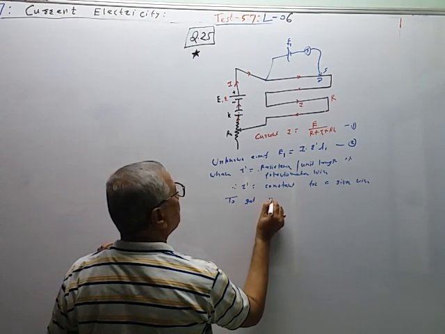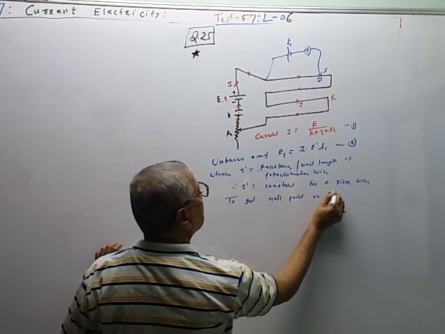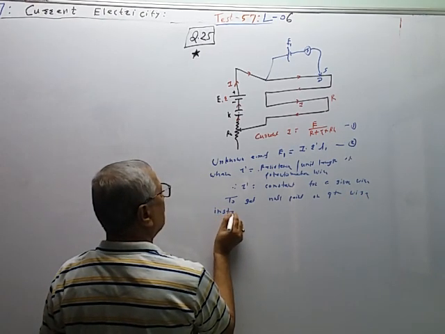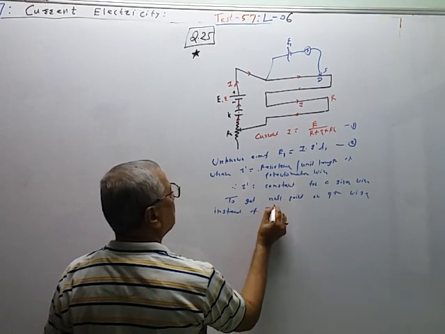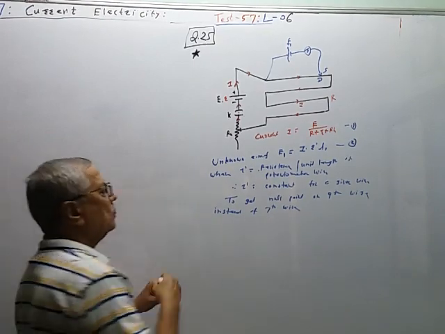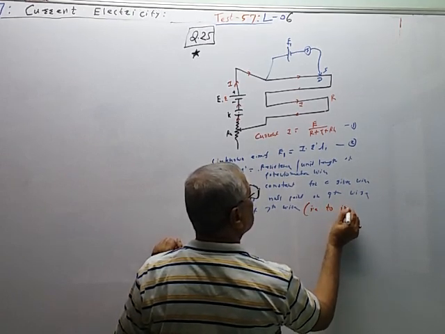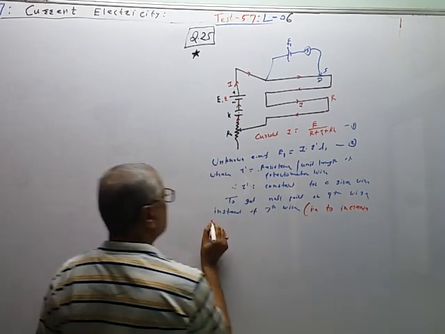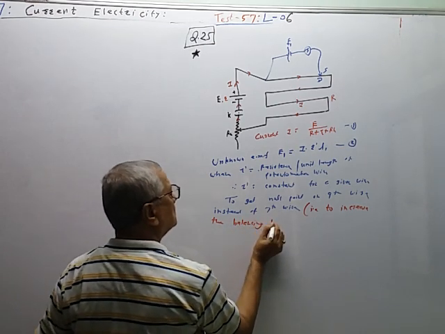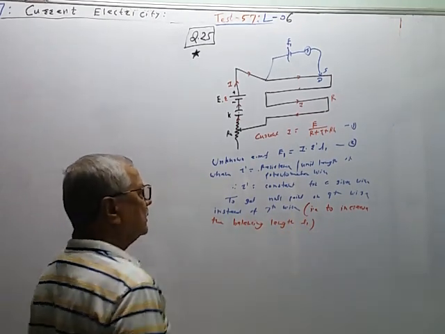Now, to get the null point on the 9th wire instead of the 7th wire, that is, to increase the balancing length L1.